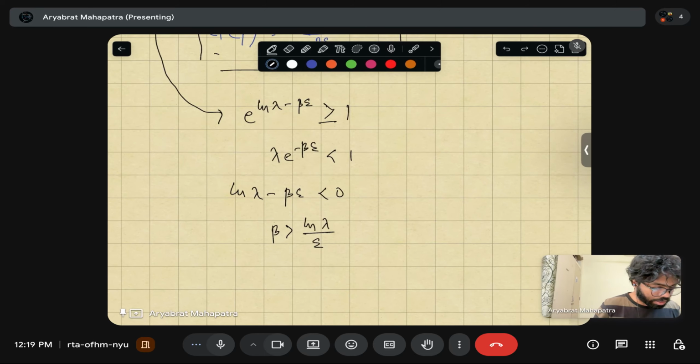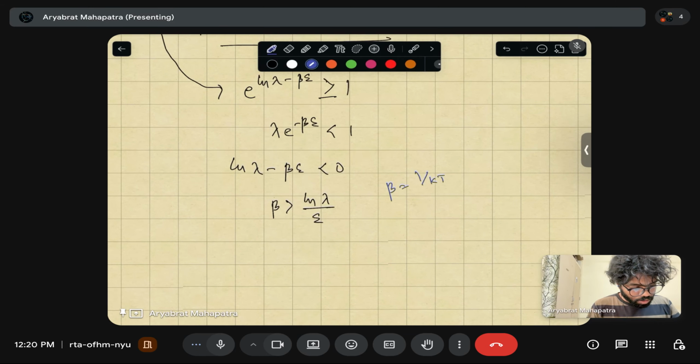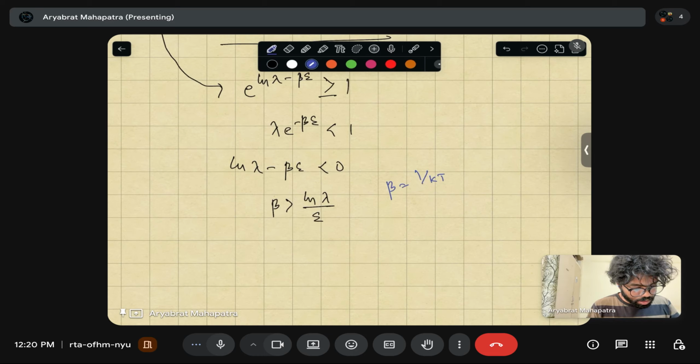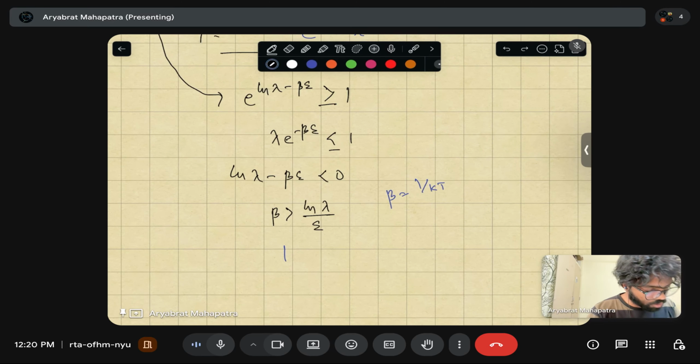Your beta is 1 over kT. If beta suddenly becomes less than ln lambda over epsilon, you will not have this partition function.